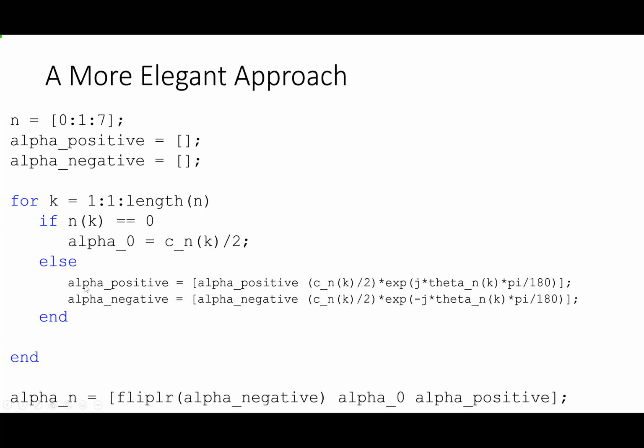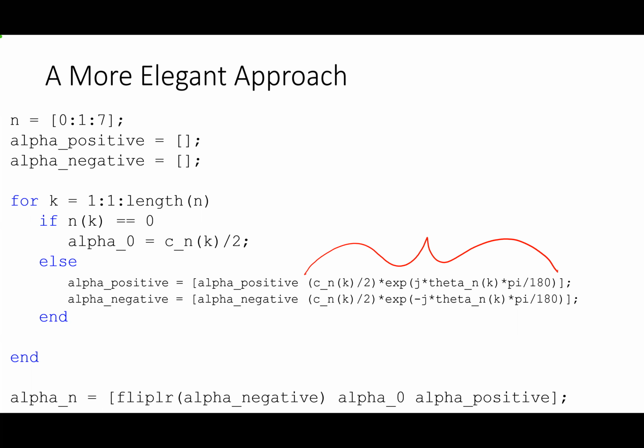I say alpha underscore positive equals this whole thing, and then alpha underscore negative equals this whole thing. So notice what I'm doing here. Alpha positive equals alpha positive, and then I have this statement. Let's first just unpack this statement right here.